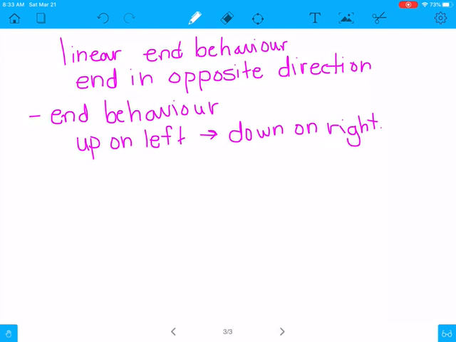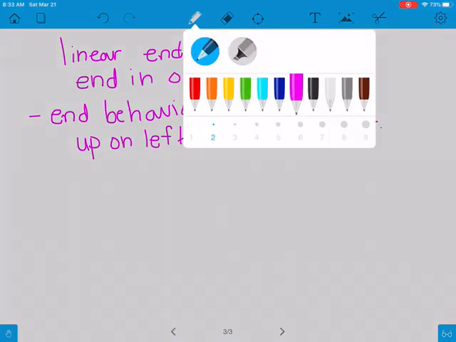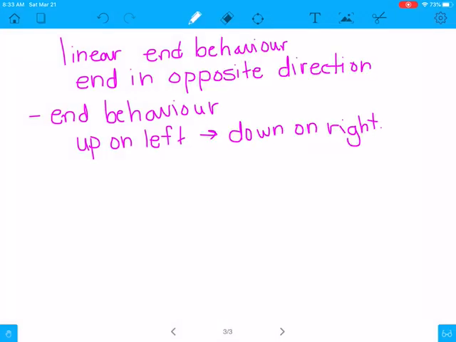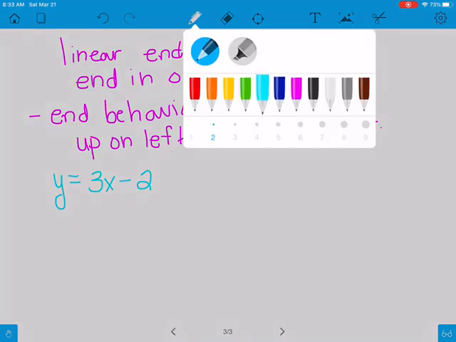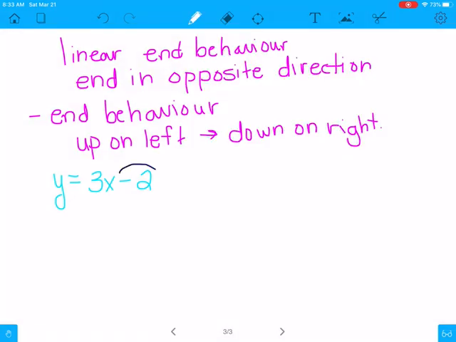So if I gave you y equals 3x minus 2, I would know that my y-intercept is at 0, -2, which is my constant.